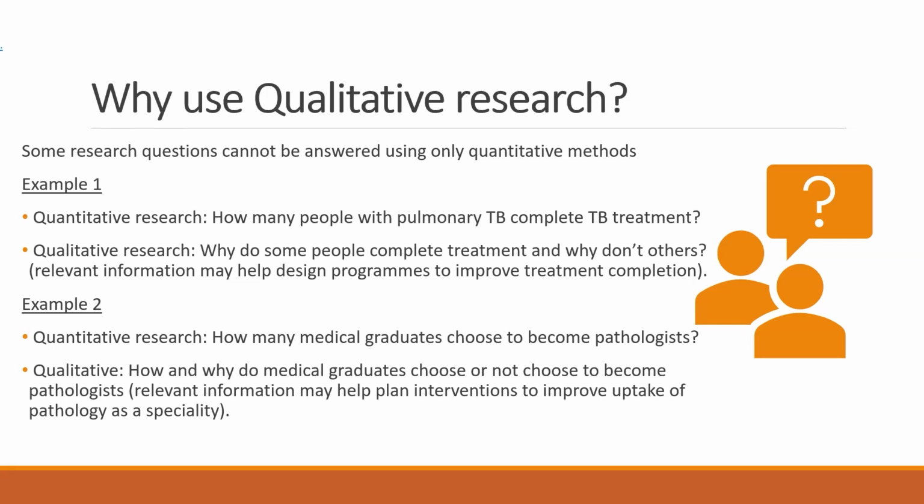But we need to know not only how many, but we need to know why people decide to become pathologists or why people don't decide to become pathologists, because the information that we obtain will be useful to help plan interventions to make pathology more attractive to medical graduates. And in fact, this study was done in Canada a few years ago, where they looked at medical graduates who chose to become pathologists or didn't choose to become pathologists and the reasons for that.